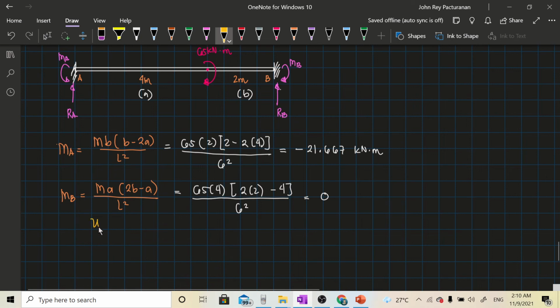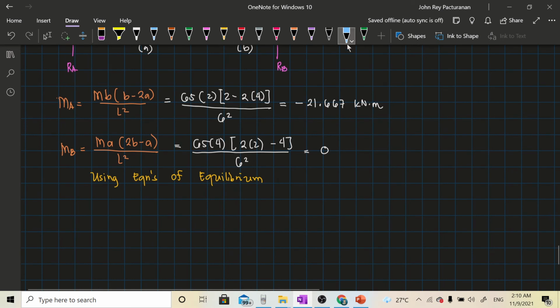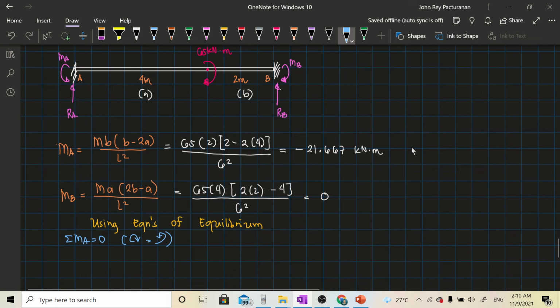So, using equations of equilibrium. So, starting with, of course, summation moment at A is equal to 0, no? So, yun muna yung unang gagawin natin. Summation moment at A is equal to 0. So, clockwise equals counterclockwise. Here, ang mangyayari, the clockwise moment, actually, yung 65 kilonewton is clockwise, yung MB is clockwise.